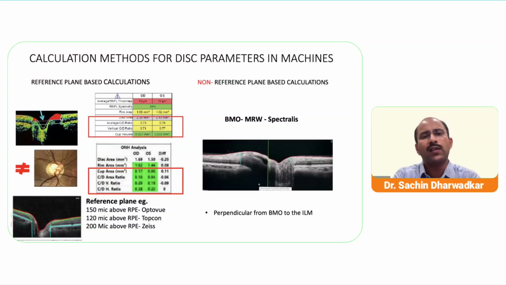And in reference to that, the cup and the disc ratio are marked, and not the actual clinical cup disc ratio that you see on clinical examination. The non-reference plane-based calculations like the BMO-MRW are available in the Spectralis. Here you do not get any value of the cup disc ratio, but you directly get the mean rim width from the Bruch's membrane to the ILM.